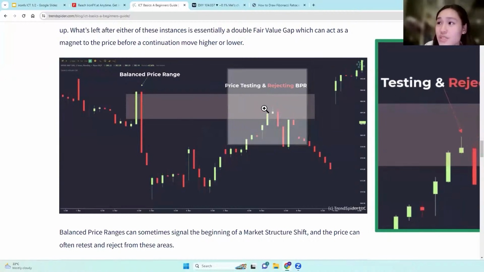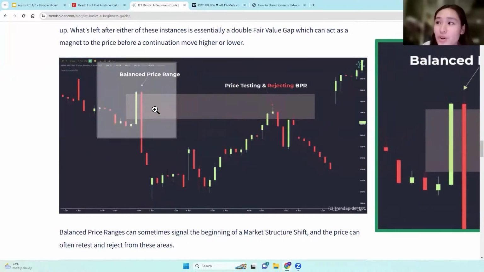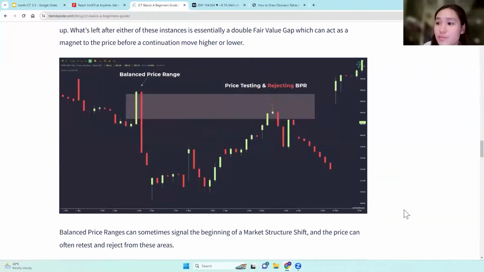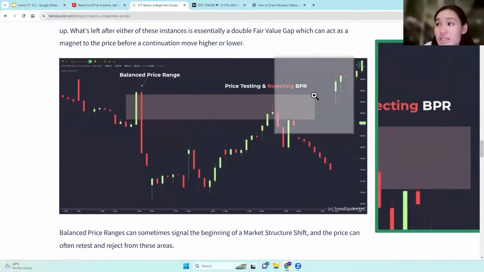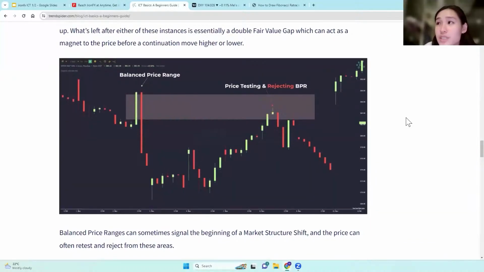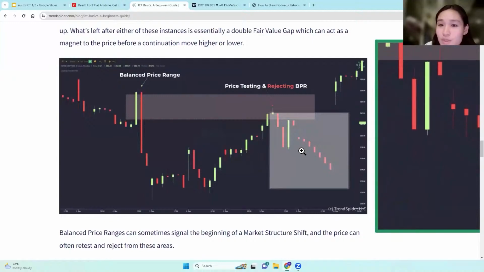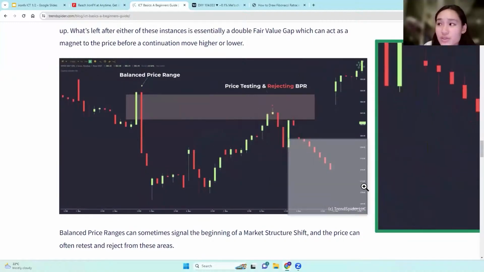It's where price reverses off the same resistance level as before. The reason we highlight this entire area is that we see price being attracted to such areas and then reversing off of it.